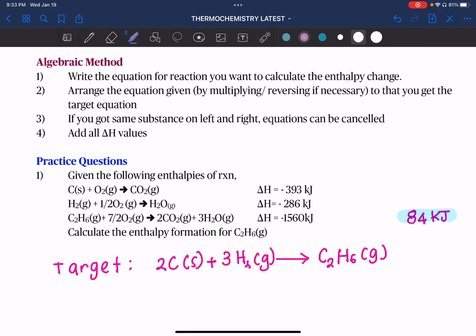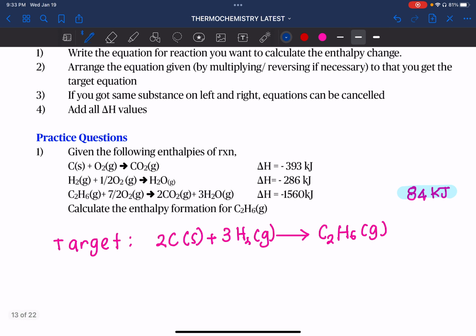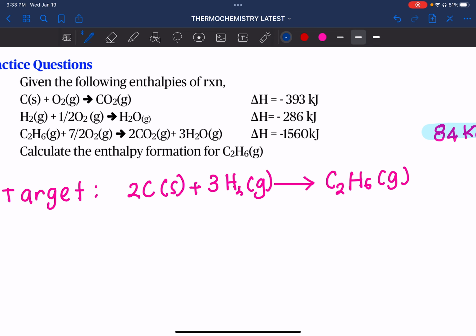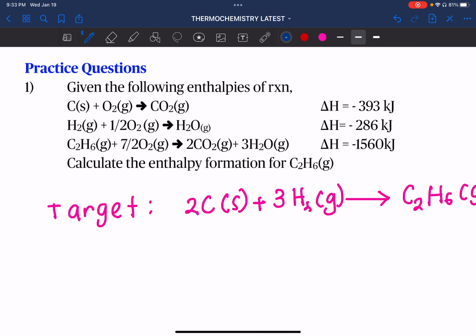Okay, so now let's go to the second method. Okay, for me this one is more simple lah compared to the energy cycle. Okay, so for algebraic method, madam terus pergi pada equation lah ya, practice question. Okay, so question 1. Dia bagi enthalpy of thermochemical reaction for 3 reaction.